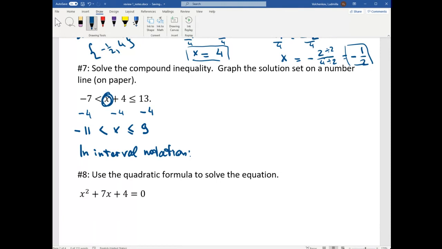So in this case, we have a parenthesis on the left, so the interval from -11 to 9, and here we use square bracket. On a real number line, here we have 0, here -11, and here we have 9. The interval from -11 to 9, including 9 and not including -11.